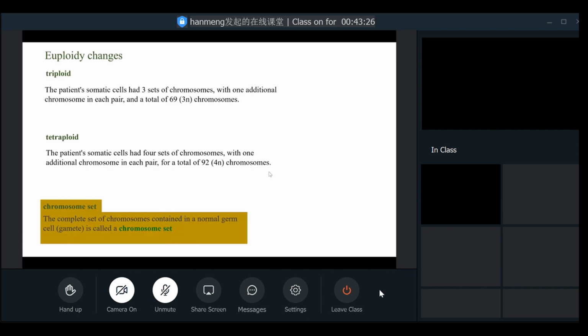So, we human beings have 2 chromosome sets, and each chromosome set has 23 chromosomes, one from our mother and the other from our father.